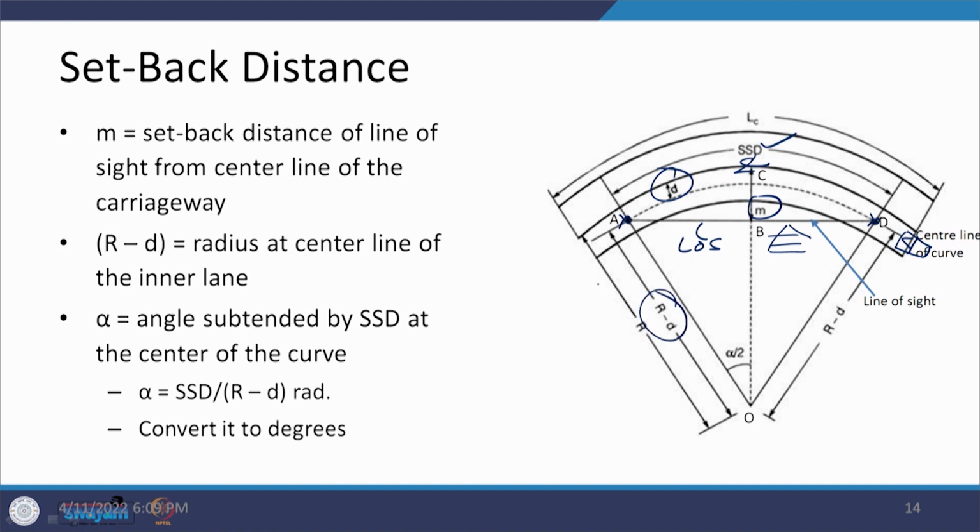Therefore, the radius with respect to the inner lane is R minus d, and at the center of the curve, because of this SSD, the angle which is going to be caused is alpha, and because of the symmetry we have alpha by 2 and alpha by 2, and this alpha is nothing but the distance travelled, SSD, with respect to the radius R minus d. So, we will have the radian value as alpha, which is to be converted in degrees when we are going to calculate the cosine or sine values, etc.